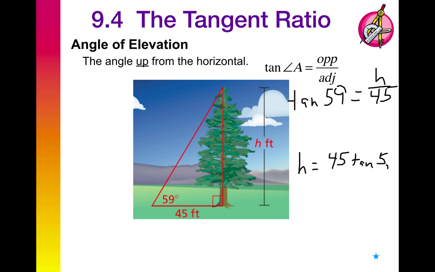Oops, I can't get my 9 in there, sorry, that's 59. And when I use my calculator, I come up with that h is equal to approximately 74.89 feet. Without even climbing that tree, I was able to calculate its height. And I did that using the tangent ratio.